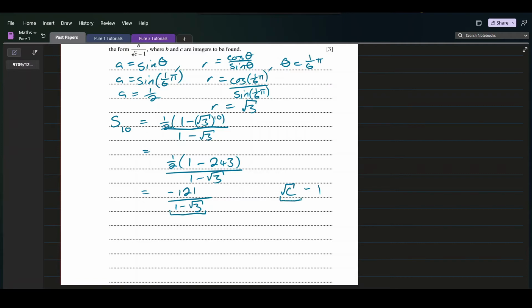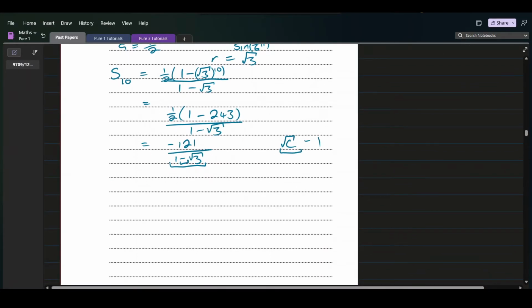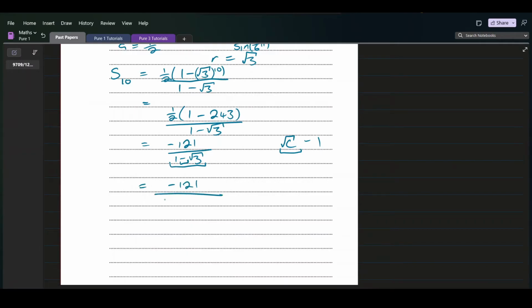The root c is positive, so we have to factor out a negative sign for our root 3 to become positive. You factor out a negative sign, you get negative 1 plus root 3, and these negative signs cancel out, and you've got 121. We write the root 3 first: root 3 minus 1, and this is our final answer.